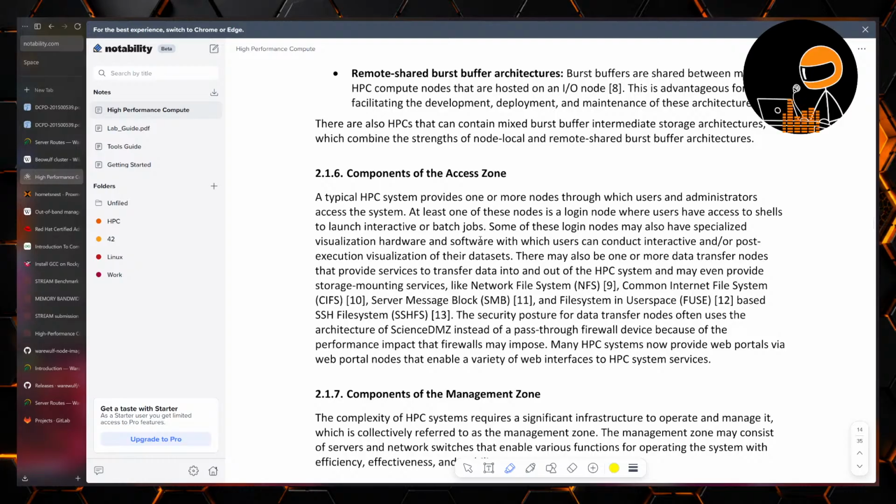Components of the access zone. A typical HPC system provides one or more nodes through which users and administrators access the system. At least one of these nodes is a login node where users have access to shells to launch interactive or batch jobs.